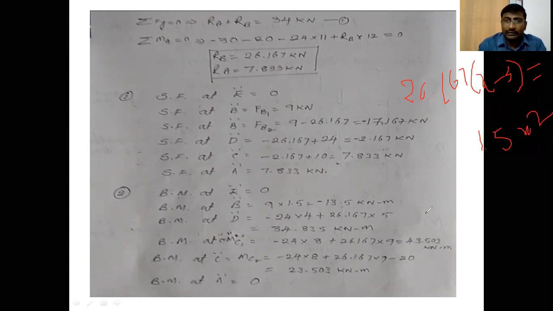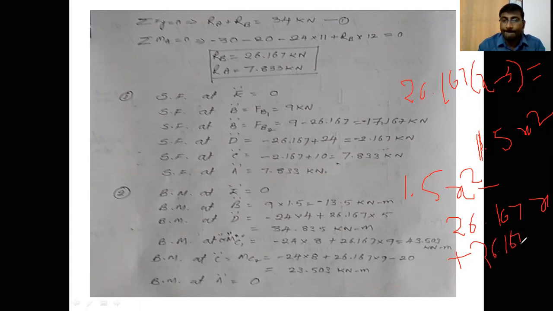So this is the polynomial, the algebraic equation: 1.5x square minus 26.167x plus 26.167 into 3 is equal to 0.